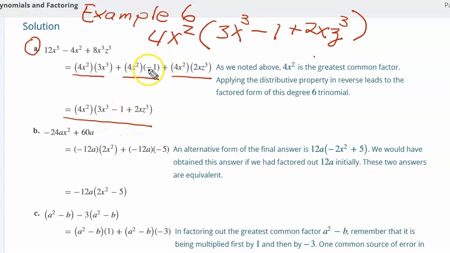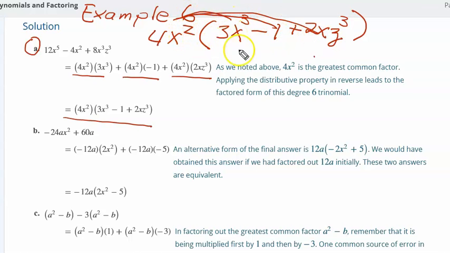Keeping in mind that here, this negative 1, in order to get this as a negative 4x squared as this middle term here. Now, this is factoring out the greatest common factor, and it's the result of the distribution of this initially.